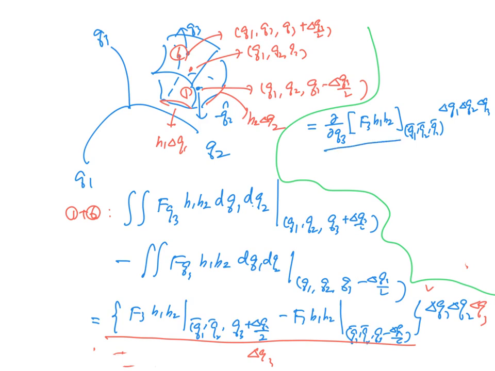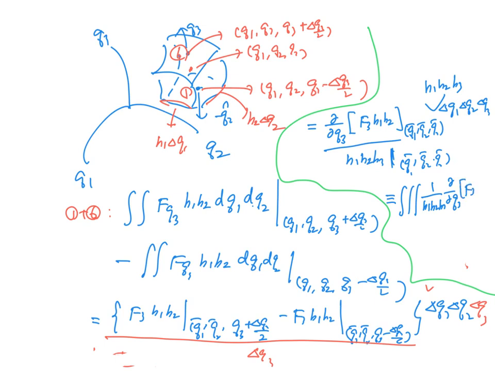So now you divide by H1, H2, H3 evaluated at the mean value. Then it becomes the following: 1 over H1, H2, H3, partial Q3 partial F3, H1, H2 times dV.